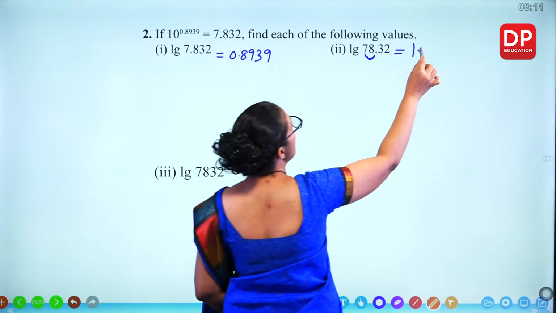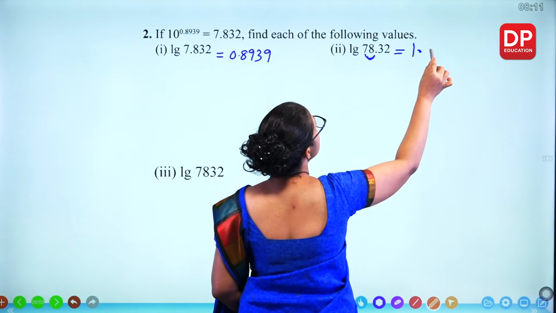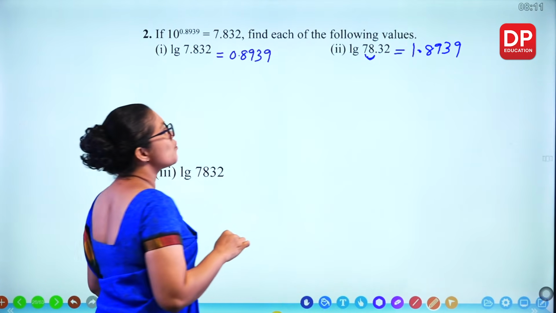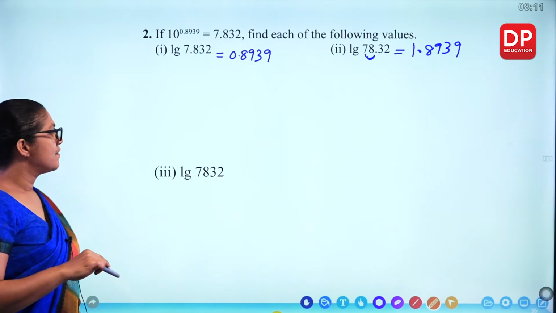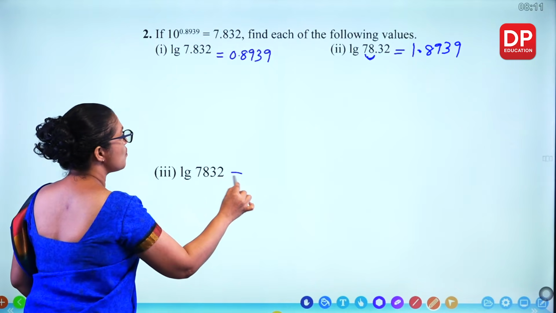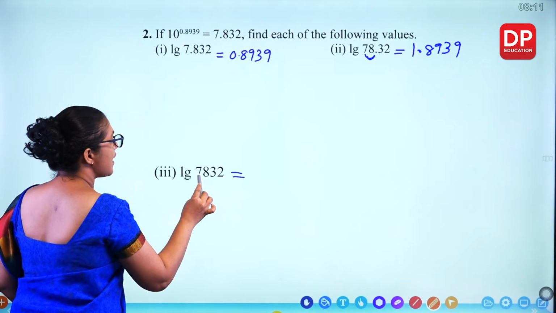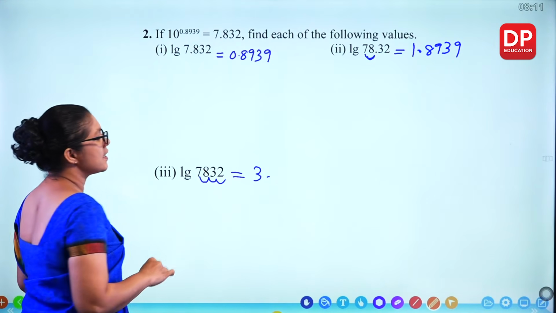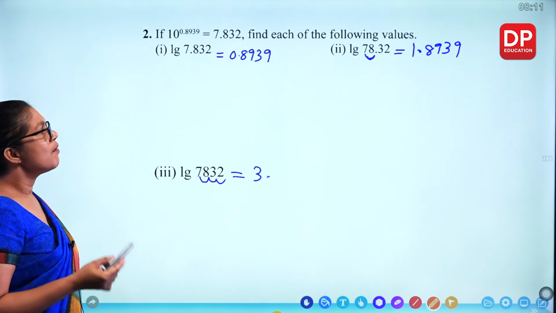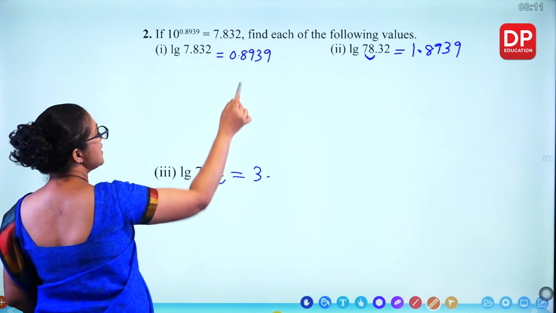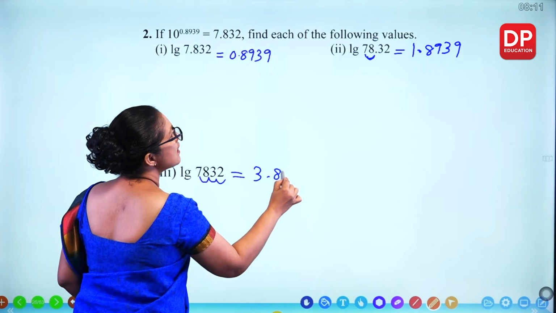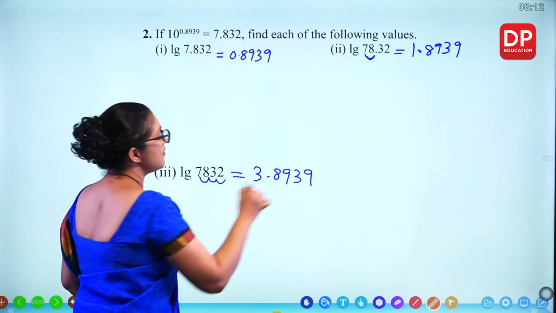Same mantissa value, 8939. So the value is 1.8939. Look at this one. What's the characteristic? 1, 2, 3. 3 is the characteristic. What's the mantissa? Same mantissa because you get the same number, 8939.